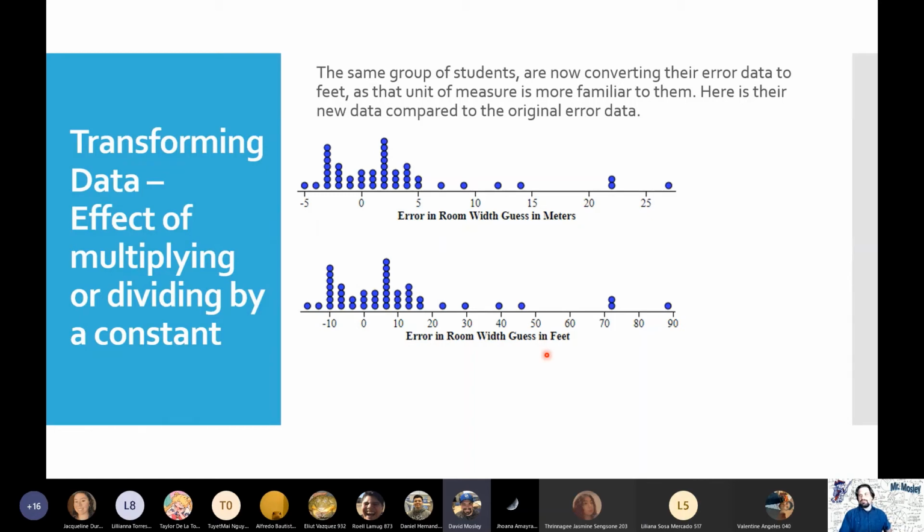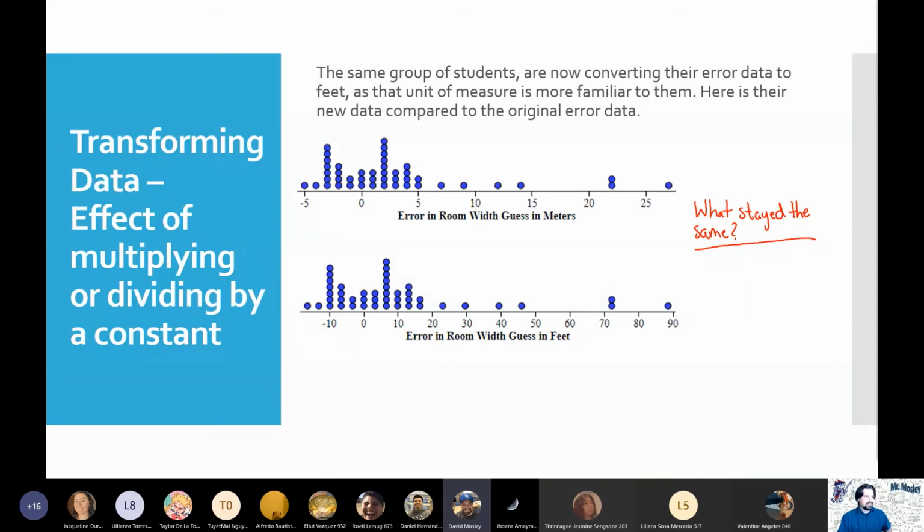What stayed the same? What stayed the same between these two? Yes, it always says the shape. That is correct. Right.